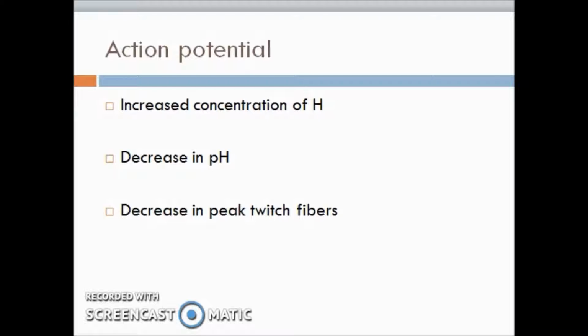Finally, the final neuromuscular fatigue is action potential. Action potential is a reason as to why fatigue might happen. During exercise, waste products such as CO2 and lactic acid can increase the acidity levels in the bloodstream, which also means a decrease in pH levels. This then slows down the speed of the impulses to the muscles and muscle fibers.